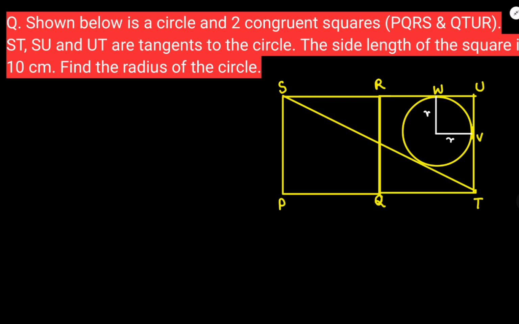Now I will note down whatever is given. This is 10, this is also 10. In units, I will not write the 10 centimeter, just 10.